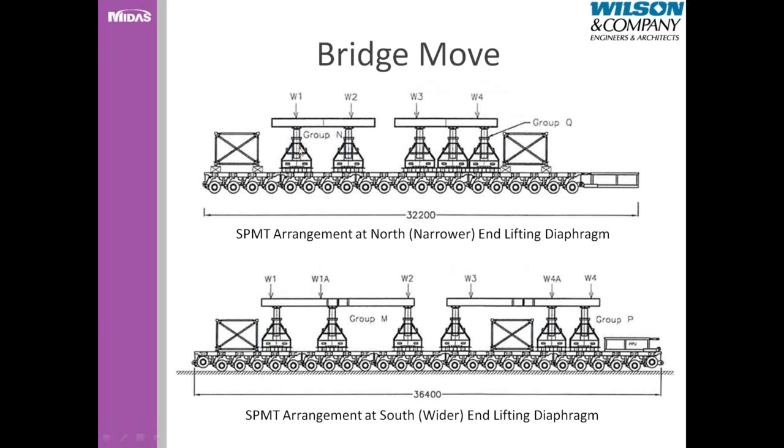Each of these mega jacks in each group are going to be set to where they have equal reactions. So they'll be hydraulically connected to maintain that requirement. So both of these will have the same reaction throughout the entire move, same as these three together, and these three together. The different groups will have different pressures and different reactions, but within each group it will be the same.